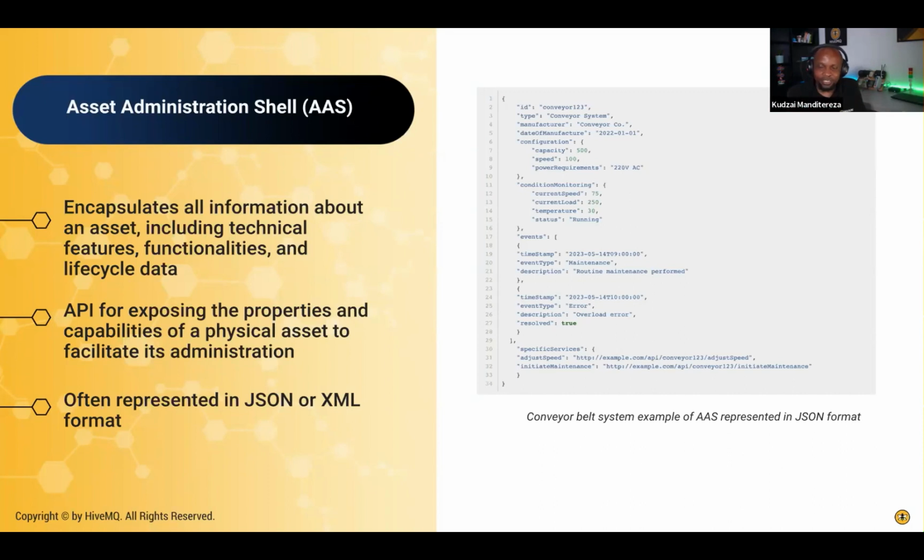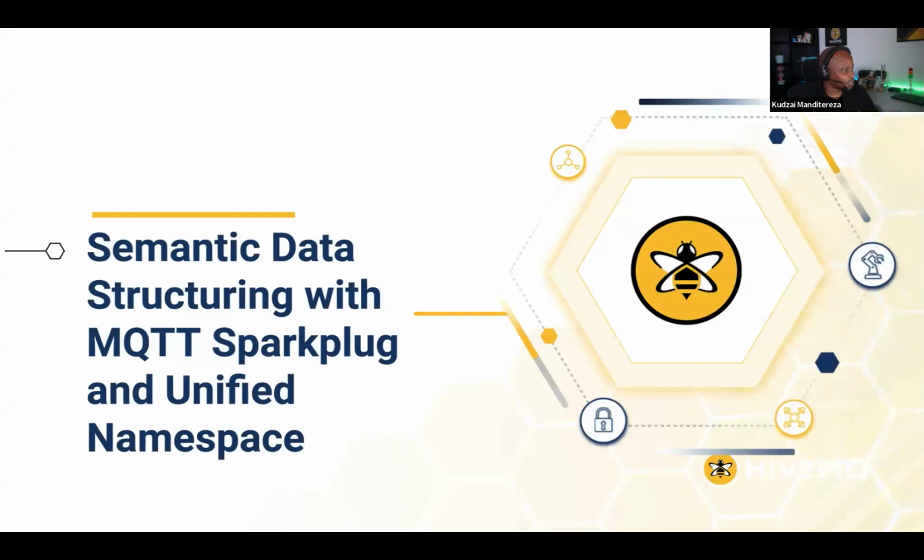The asset administration shell allows you to do that. And it also allows you to create that trail across your value chain. So from when the equipment is being manufactured, there are certain specs that are being captured there. When it is being used, there is certain data that is being captured. So you can create a trail of your system or your components within your value chain. So this is where you'd want to use the asset administration shell for structuring your data.